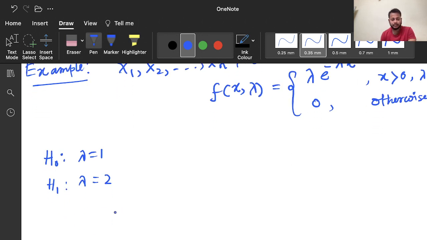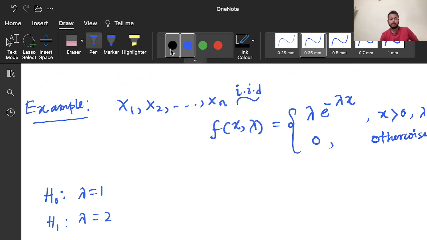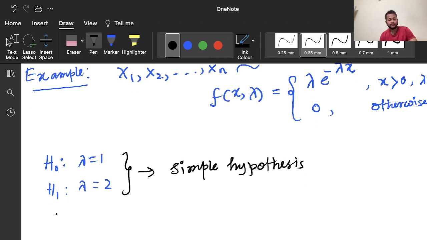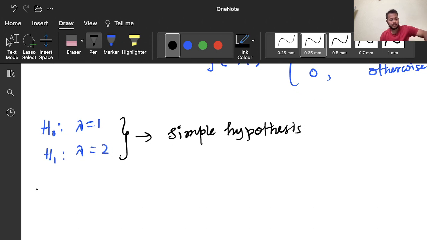Now again here these two are simple hypotheses. So we can easily apply the Neyman-Pearson lemma.